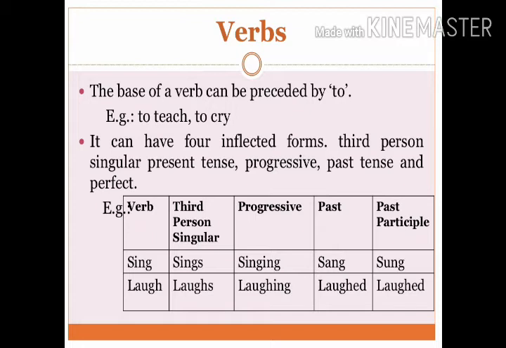For example, consider the verb sing. Sings is the third person singular present tense form. Singing is the progressive or present participle form. Sang is the past tense form. Sung is the past participle or past perfect form.